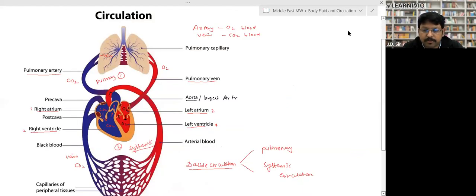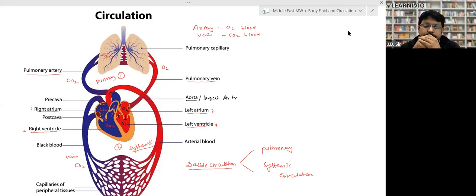Full stop. This is the only artery in human body which carries deoxygenated blood.